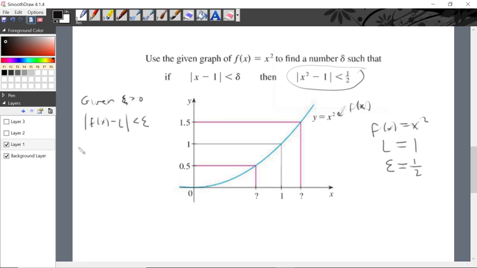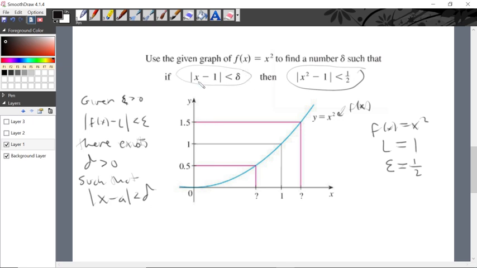Now, given epsilon is greater than 0, there exists, or there is, a delta greater than 0, such that the absolute value of x minus a is less than delta. Take a look at our statement here.